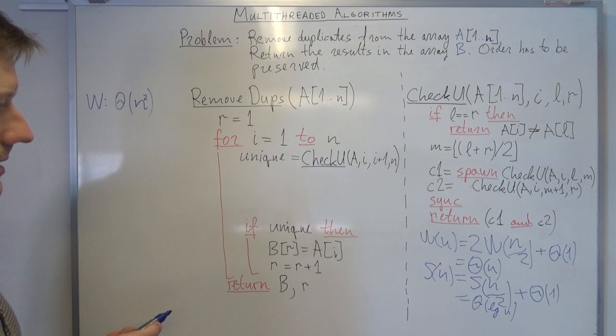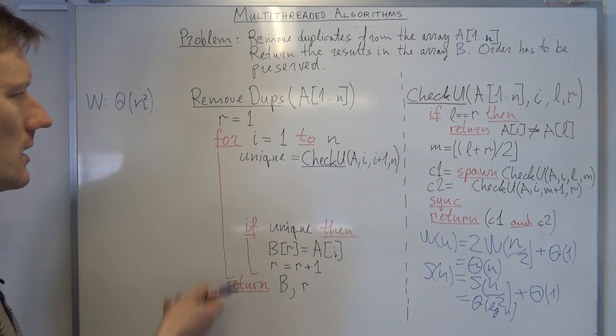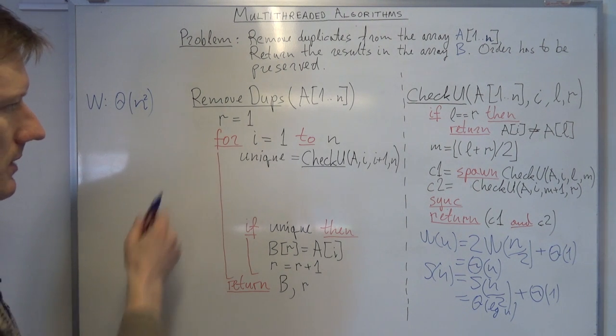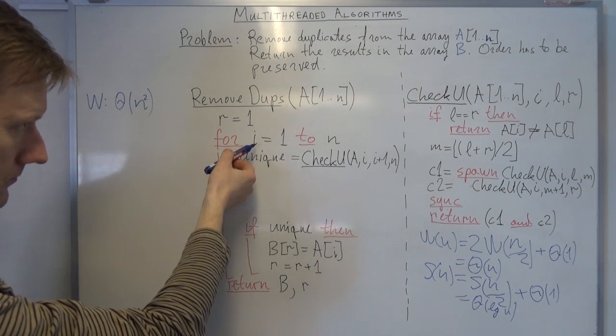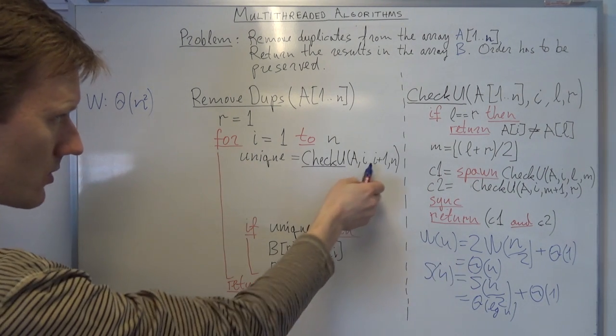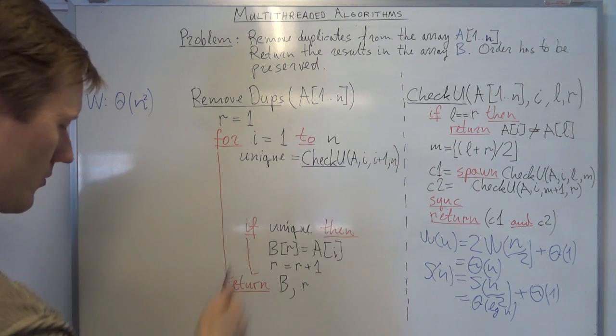So then what is the total span of this procedure? Well, it can be expressed as just the sum of logarithms of the differences between these two parameters.